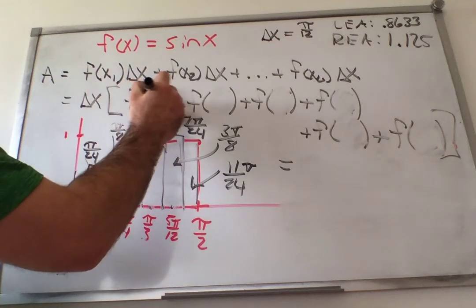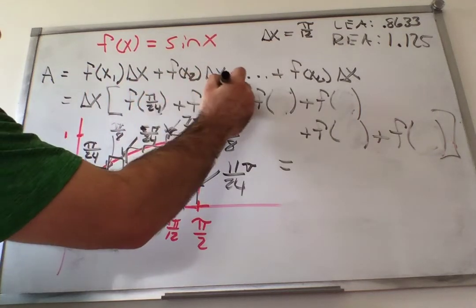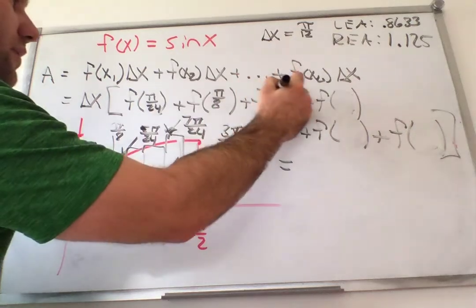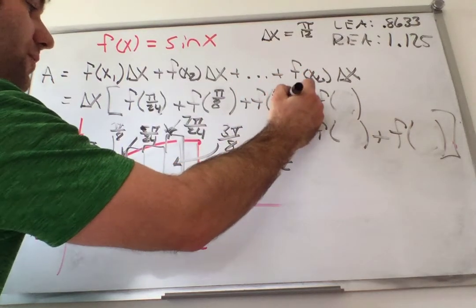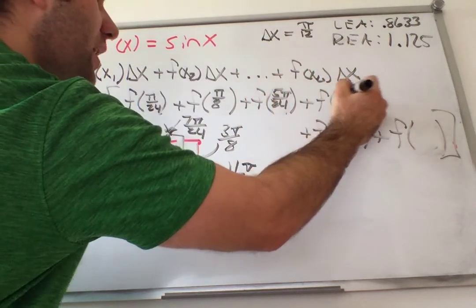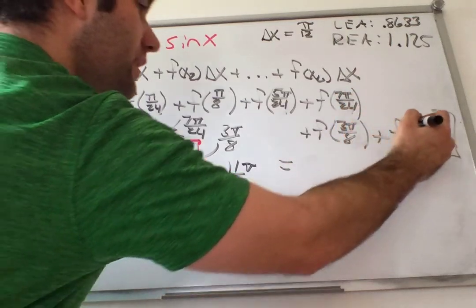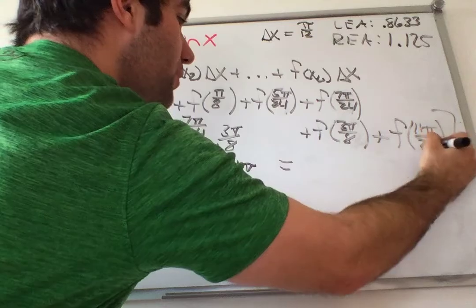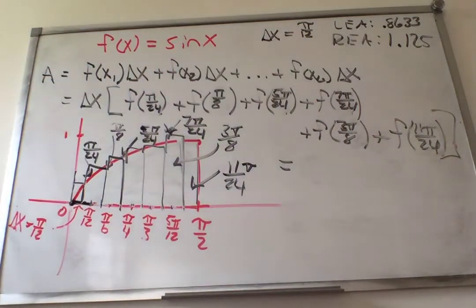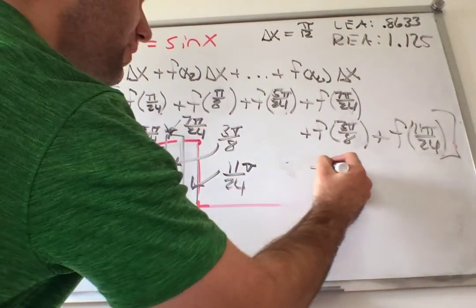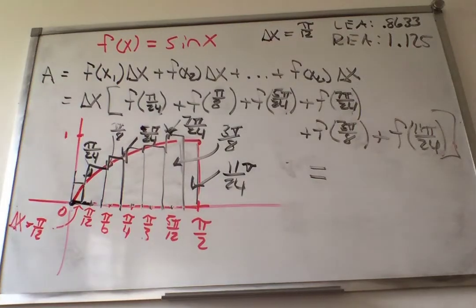Let's see, pi over 24, pi over 8, 5 pi over 24, 7 pi over 24, 3 pi over 8, and 11 pi over 24. So now let's go ahead and see what that gives us for our answer.